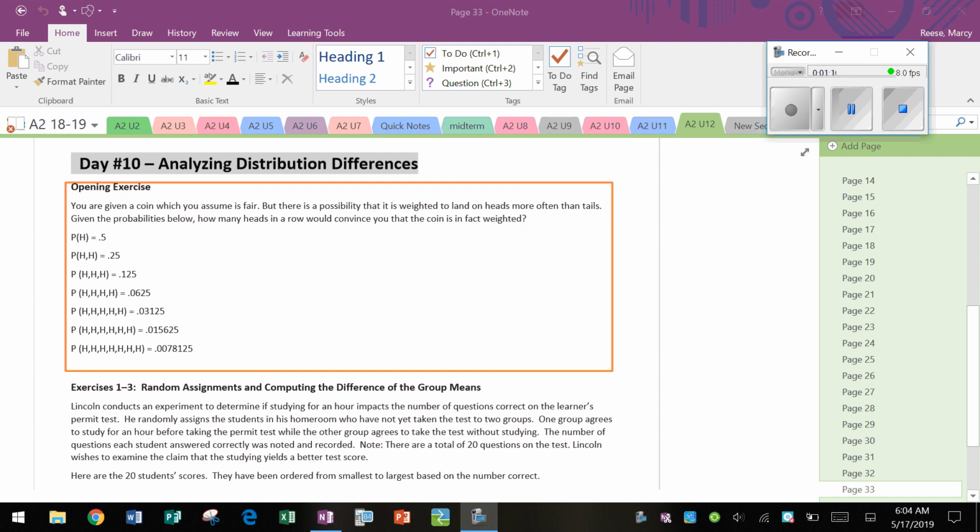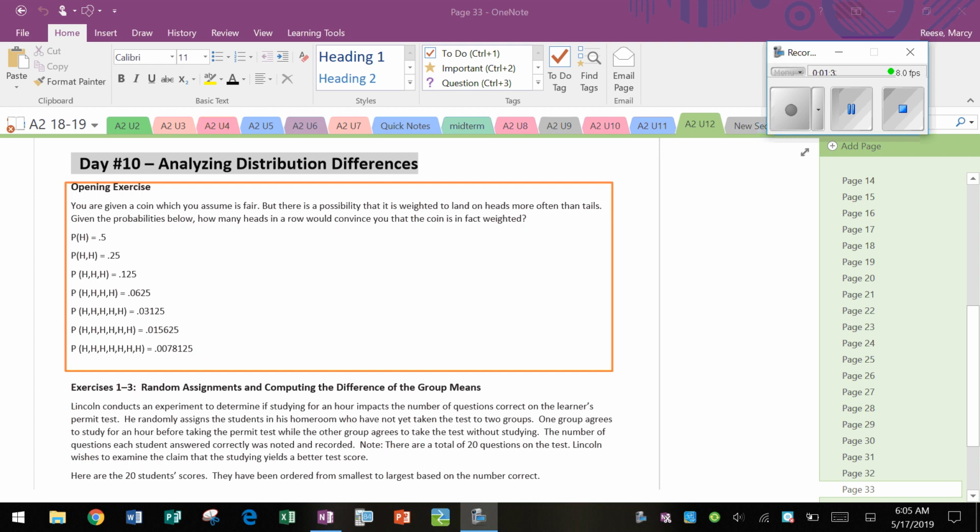All right, so we're going to read this opening exercise, and we're going to talk about analyzing distribution differences. You're given a coin which you assume is fair. So remember, a fair coin is one that the weight of the coin is evenly distributed between heads and tails. But there is a possibility that it is weighted to land on heads more often than tails.